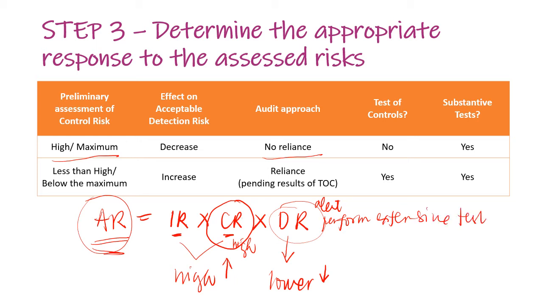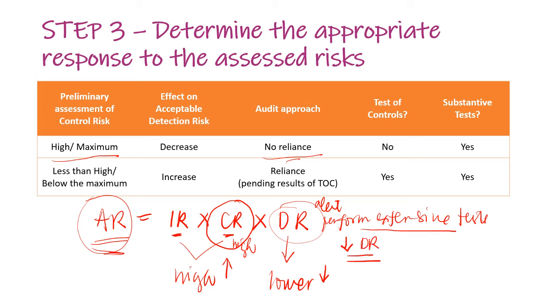Because he already knows that the risk in our controls is high. It is not reliable, because it is no reliance. If it is not reliable, will the auditor relax? No. So he will perform extensive tests. And this will result in a lower detection risk. Why is the detection risk lower?